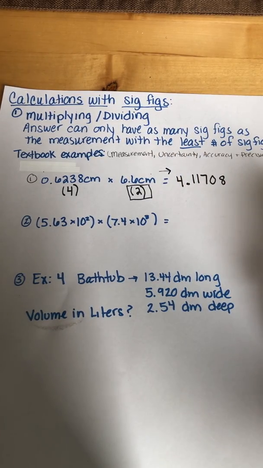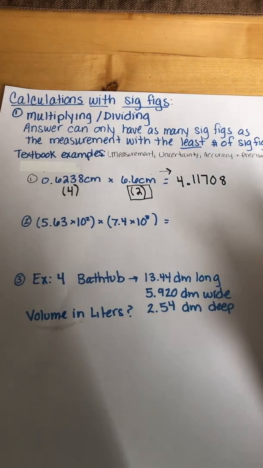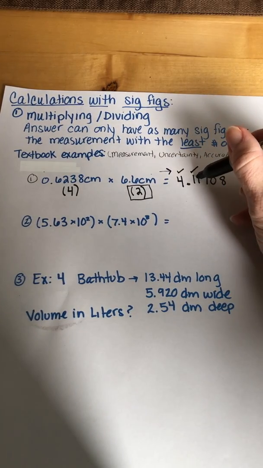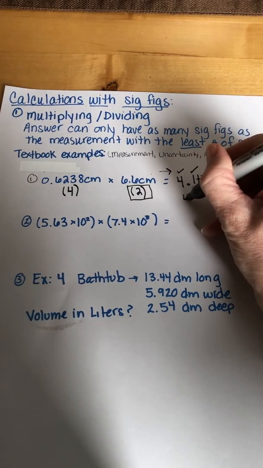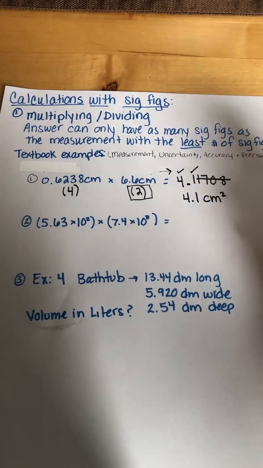Remember, the only thing I wouldn't count are beginning zeros, which there are none. So I would count 1, 2, and the rest drop off. My final answer for this would be 4.1 centimeters squared.